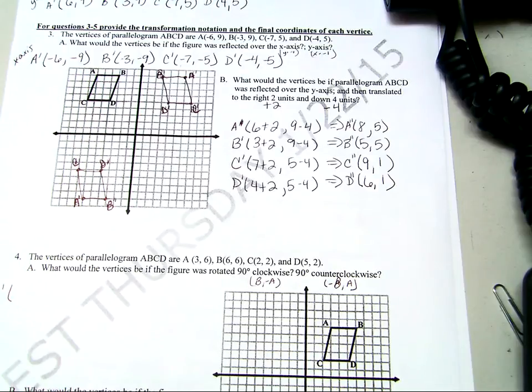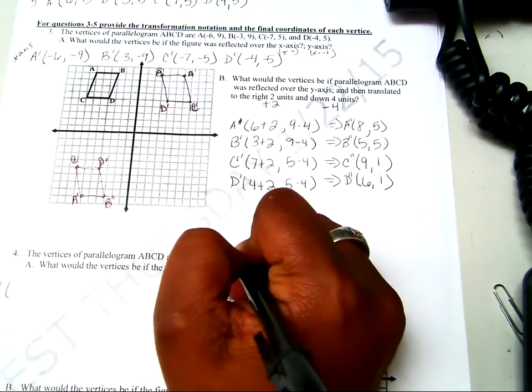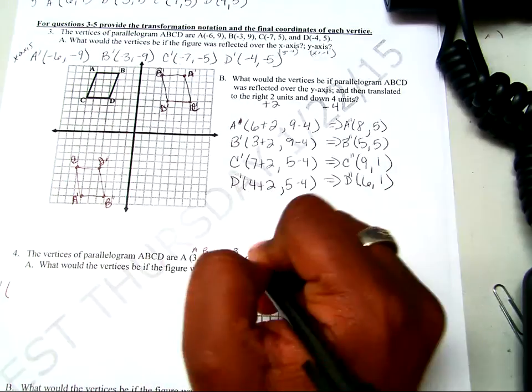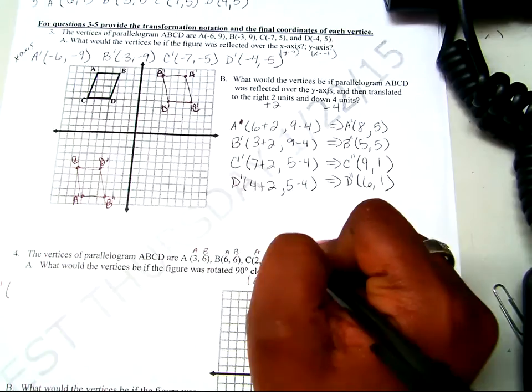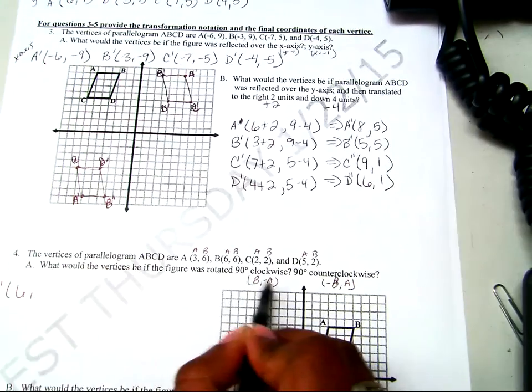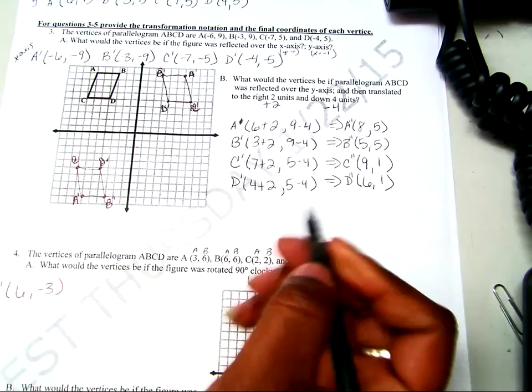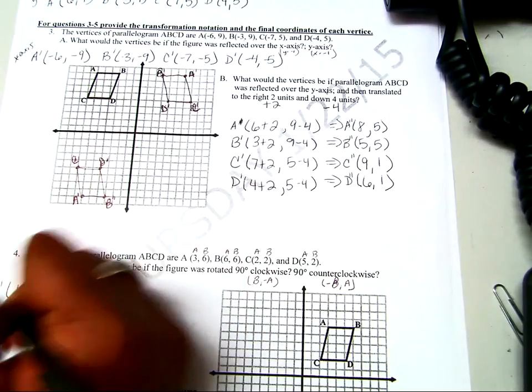So, A prime, and I'm going to label, because I think that is so important to label. A, B, A, B. So I can do it correctly for each one. So, A prime, I need B, which is 6, and I need the opposite of this, which is negative 3. B prime, and this is my 90 degrees clockwise.